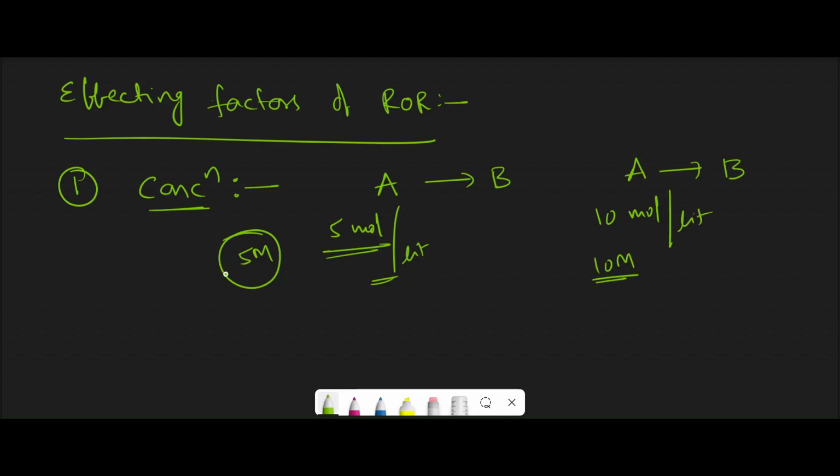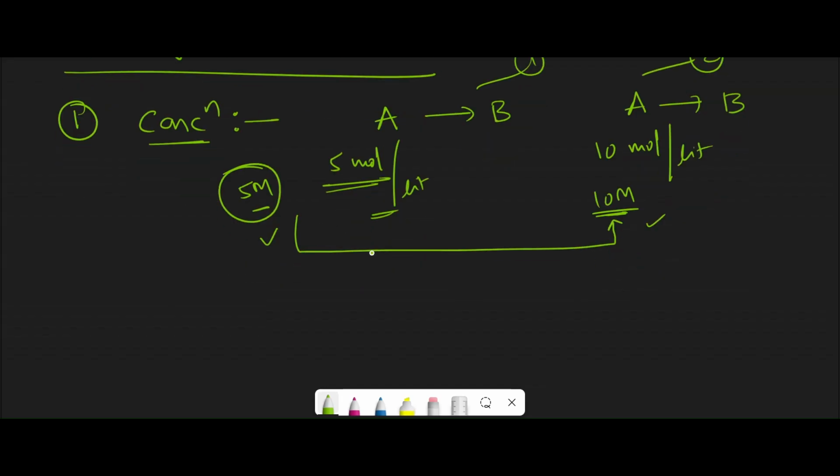So from case 1 to case 2, I have increased the concentration from 5 molarity to 10 molarity. Now what will happen upon changing the concentration of the reactant? Let's observe the process.